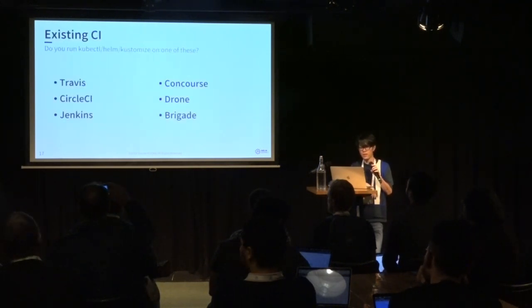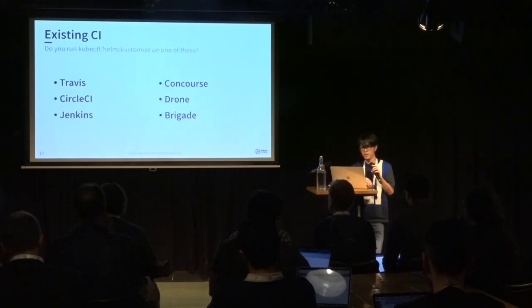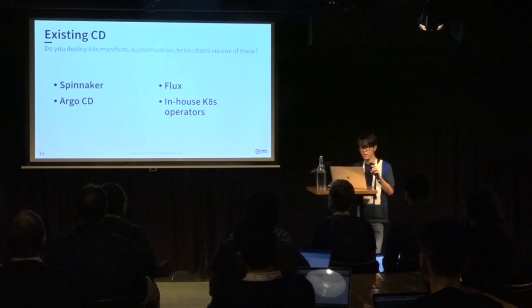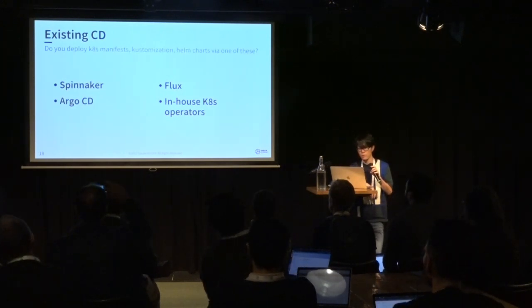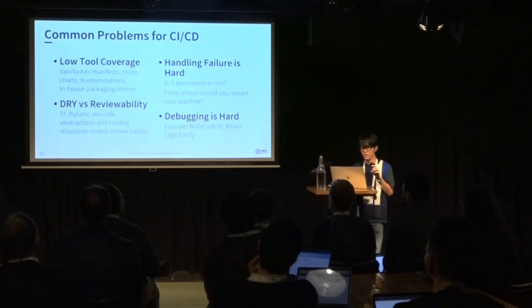I don't know exactly what solution you use today, but existing CI systems include Travis, Jenkins, Concourse, Drone, or Brigade. So maybe you will be running one of these tools in your CI. And if you do GitOps, you may be using Flux or Argo CD or your in-house Kubernetes operator for deployments.